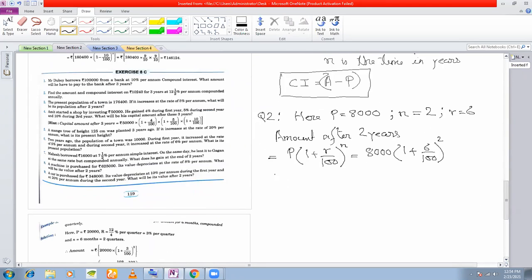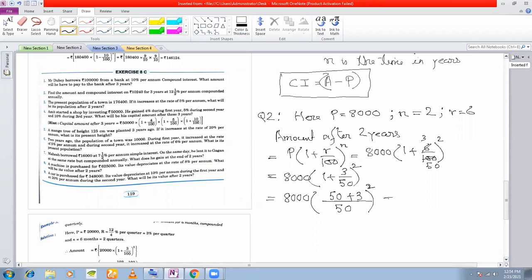Now what we can do is reduce this 3 over 50. So this will become 8,000 into (1 plus 3 by 50). And now we can take the LCM, 8,000 into (50 plus 3) by 50. And obviously this is a square here.